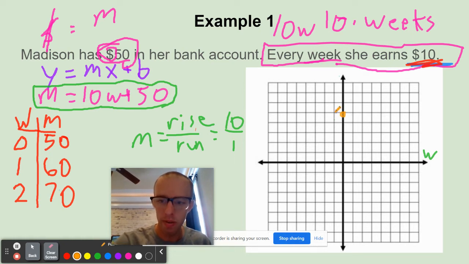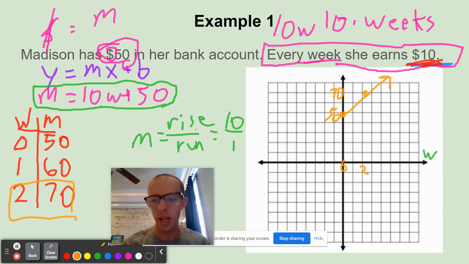That's 0, comma 50. That's a point. Let's say I chose this point as my second point. I could go to 2, comma 70. It doesn't matter which point. Put a point there. Now I have 2 points. Any 2 points can be connected into a line, and I have a graph.